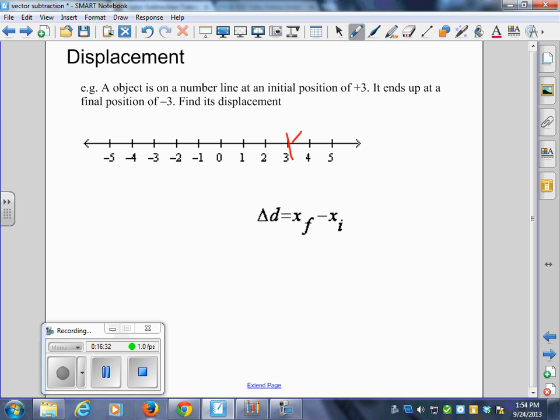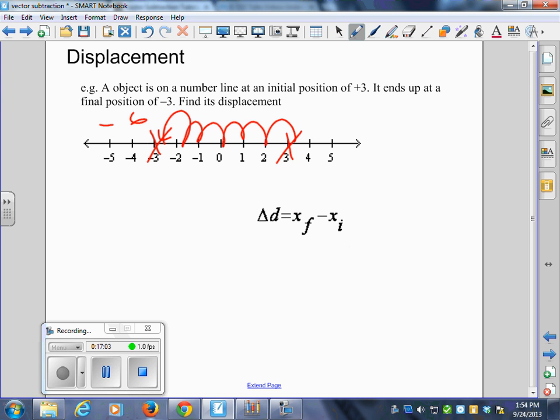It ends up at a final position of minus 3. Find its displacement. It went minus 6. Why do you have to make it all crazy hard with vectors? Well, the point is not so you can do this, because we can all do this. It's to take the concept and apply it to more complicated situations. You have to understand the process first.